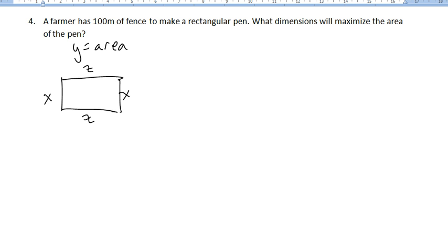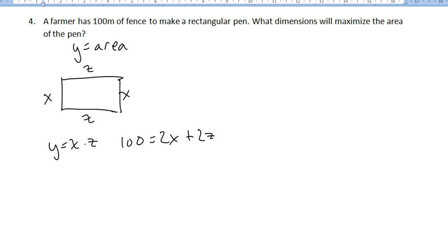That's good enough for defining our variables. Area equals length times width, so in this case, it's going to be x times z. And we also know we've got 100 meters of fence. So that means that 100 is going to be 2 x's and 2 z's.